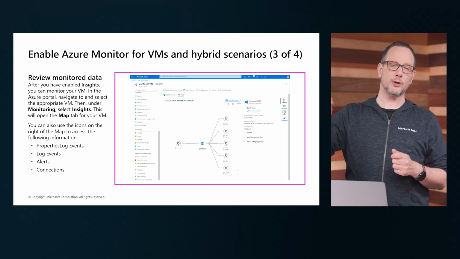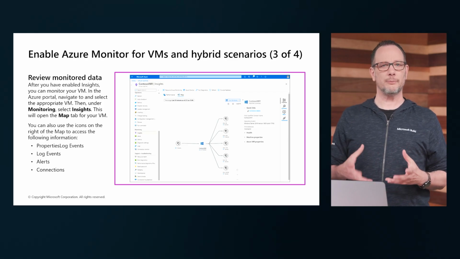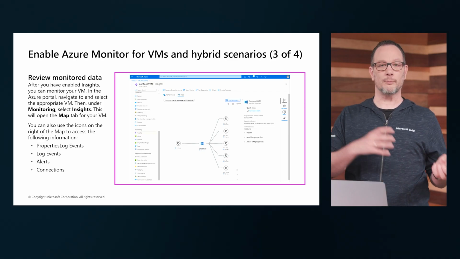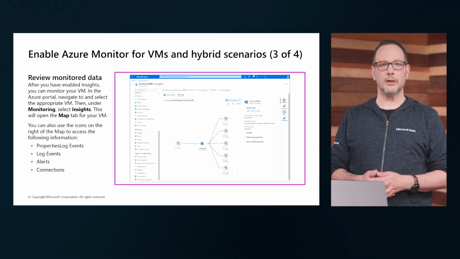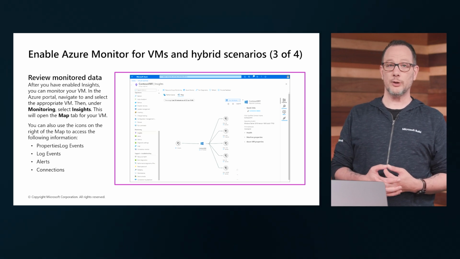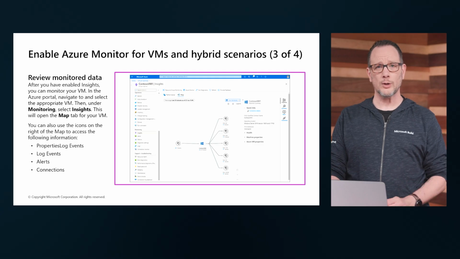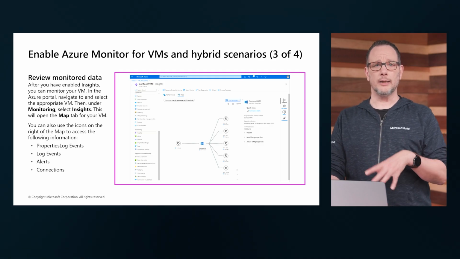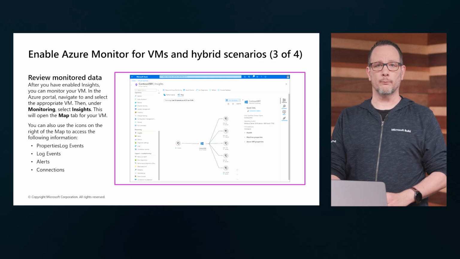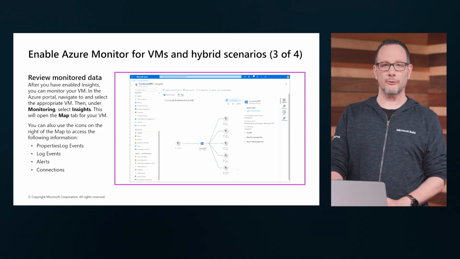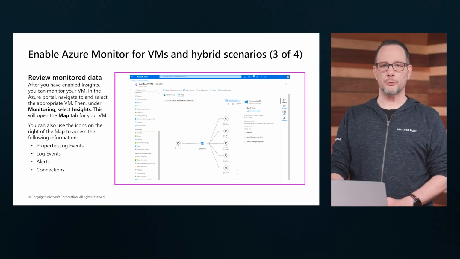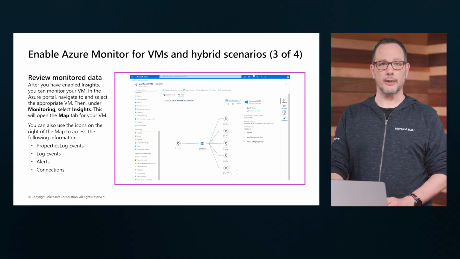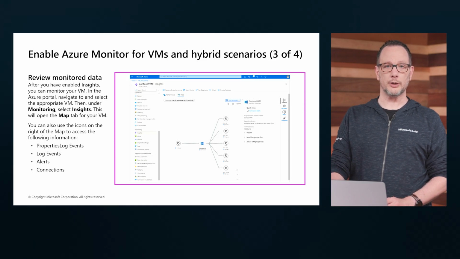Now, by moving your workloads into cloud, it doesn't mean that all of a sudden you can just migrate everything. The nice thing here with Azure Monitor is that you can actually deploy what we call the monitoring agent, and it allows you to slowly bring in monitoring metrics from your on-prem environment into your cloud environment. A big reason there is because some of your workloads might actually run in a hybrid topology.